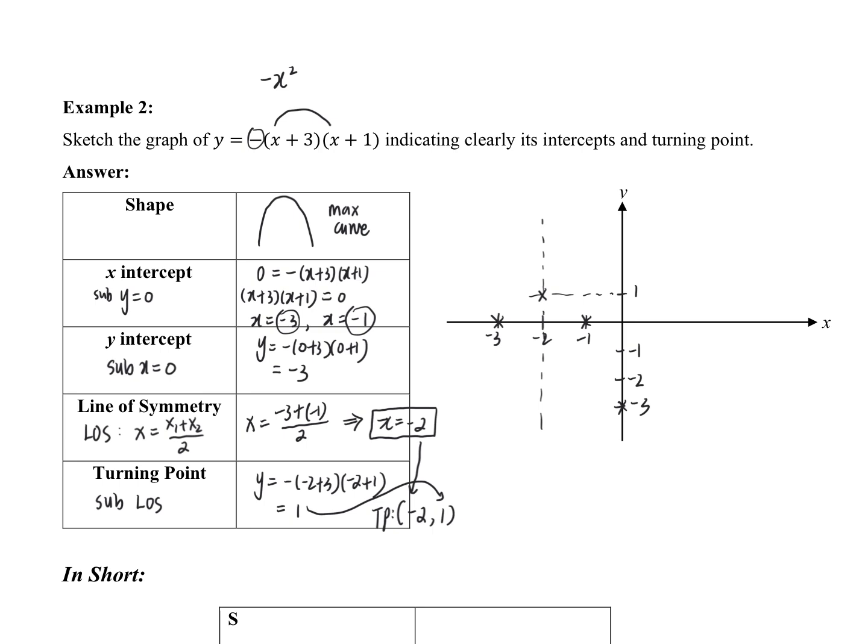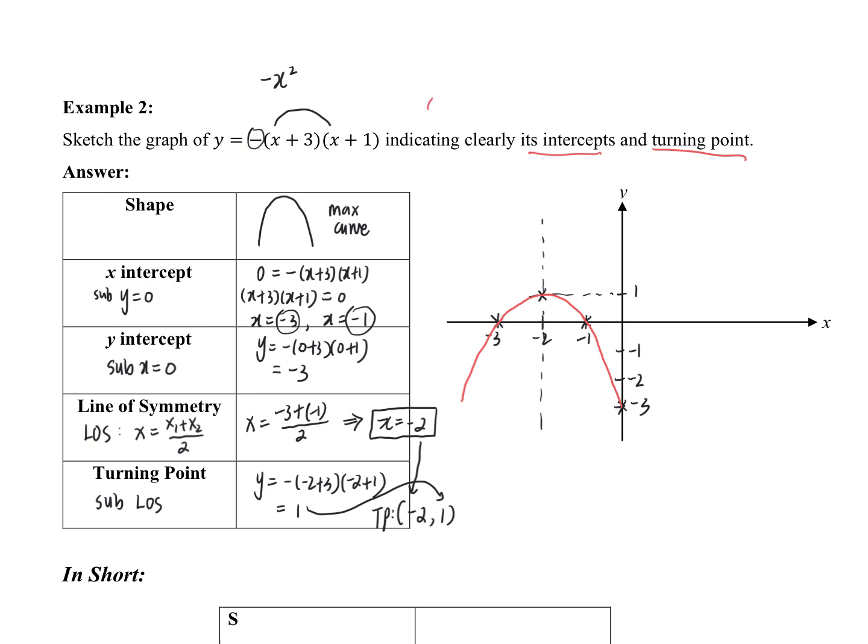You can always turn your paper and sketch. You don't need to be rigid. Okay, make sure it's symmetrical about your line of symmetry. And then it passes through all the points that you mark out. Okay, so they say indicate your intercept, your turning point. And then all is written there already. So you don't have to worry about it.